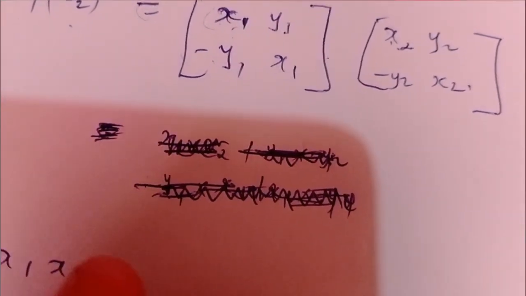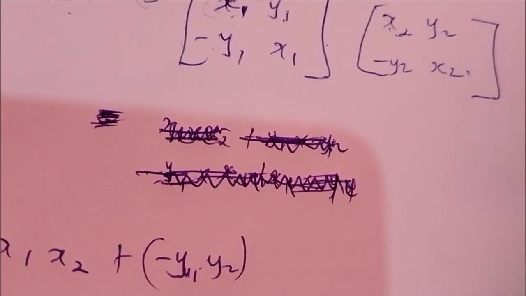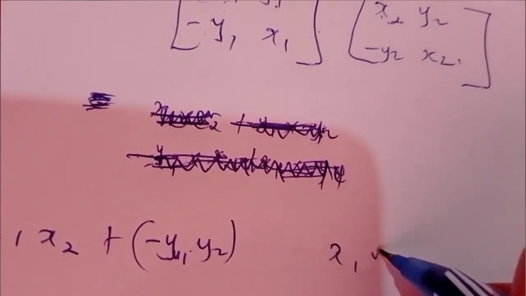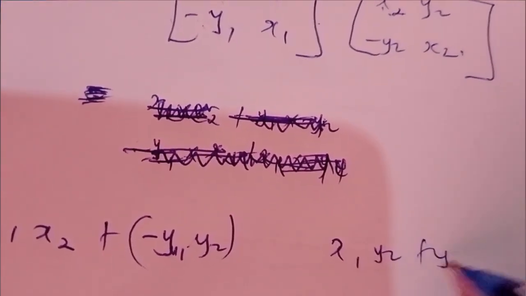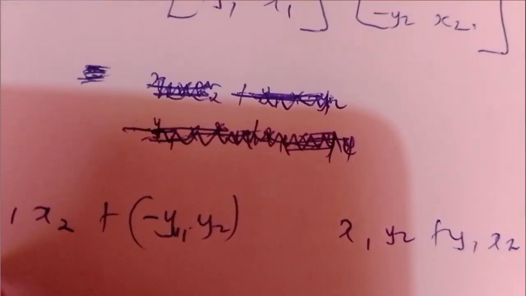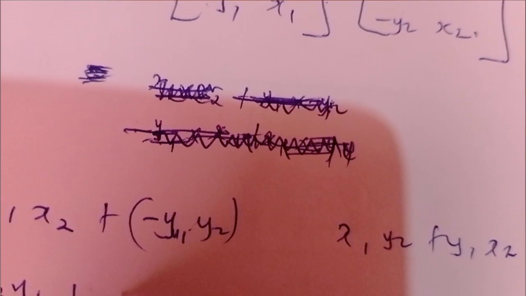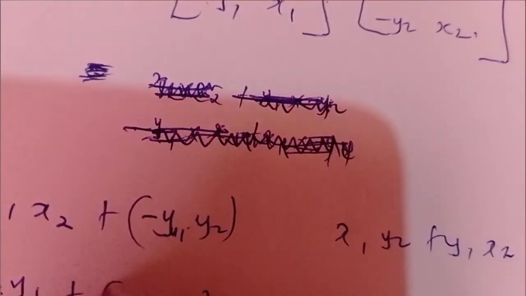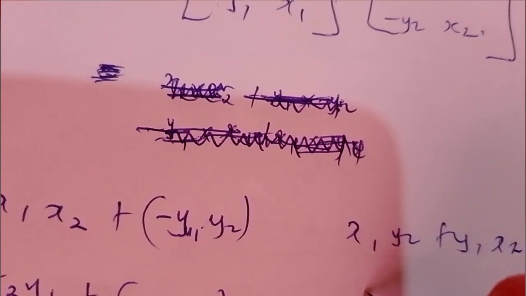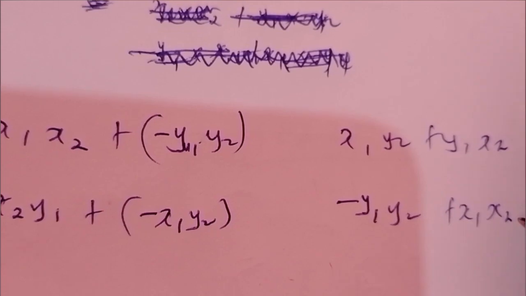So we get the product. We shall have x1 x2 plus negative y1 y2, x1 y2 plus y1 x2, then negative x2 y1 minus x1 y2, negative y1 y2 plus x1 x2.